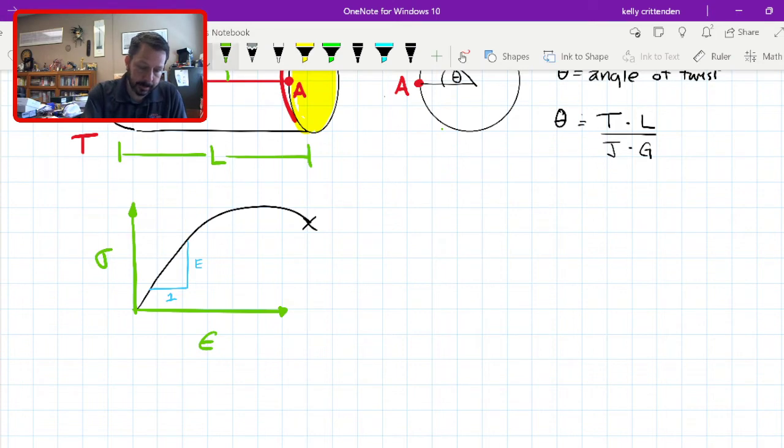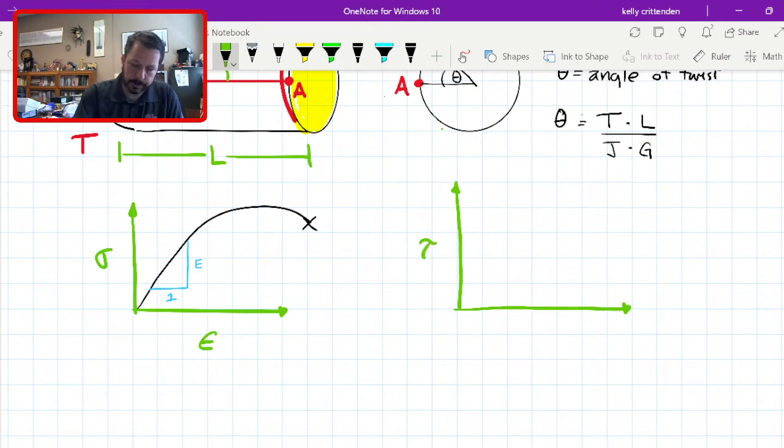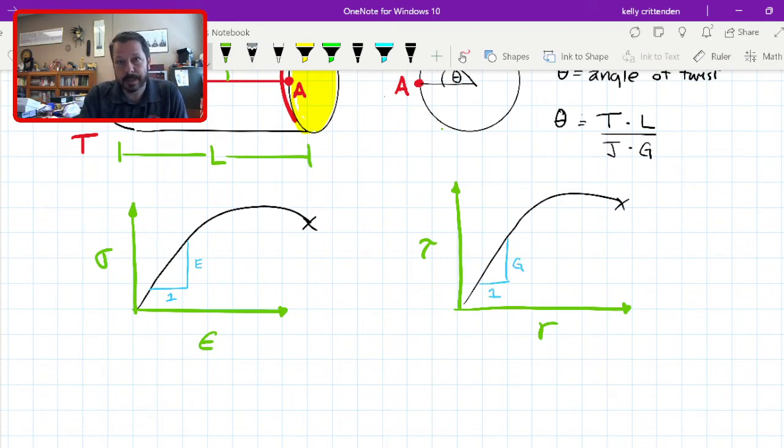You can do the same thing where you do shear stress and shear strain and you get the same kind of graph, and that linear region is related through G, the modulus of rigidity. So it's the same kind of thing as E, except that it relates shear stresses and strains instead of axial stresses and strains.